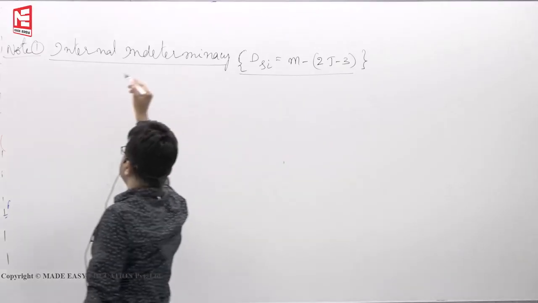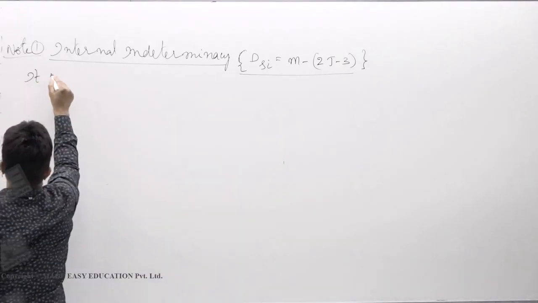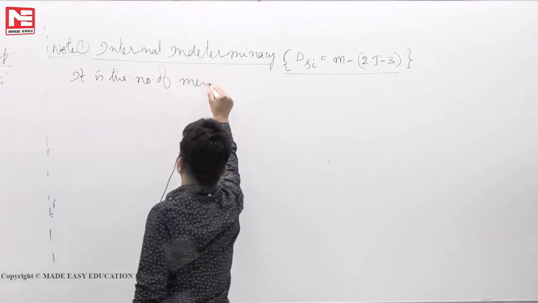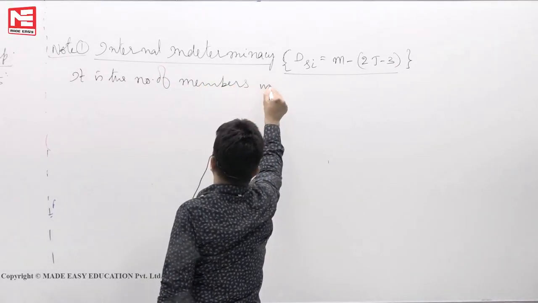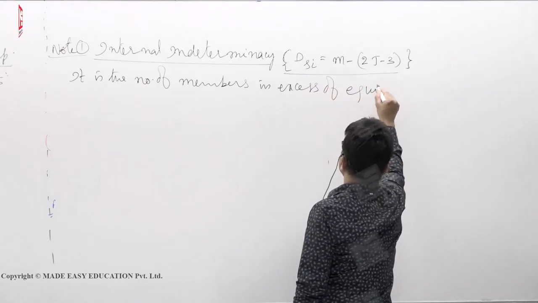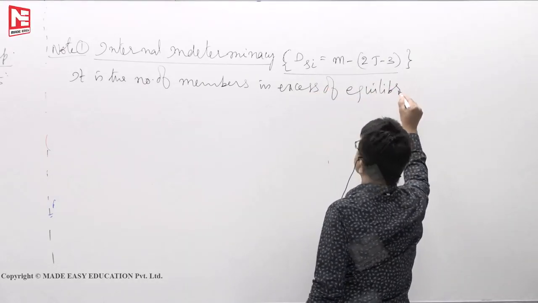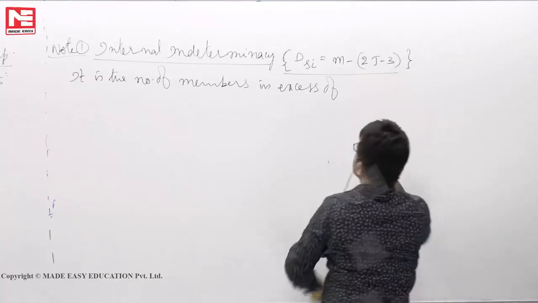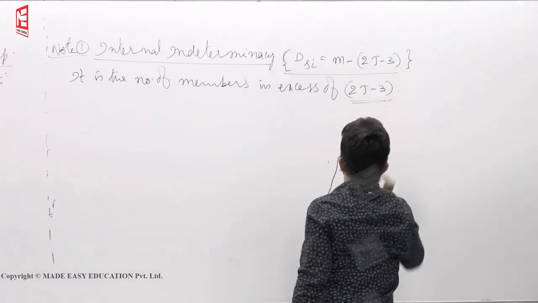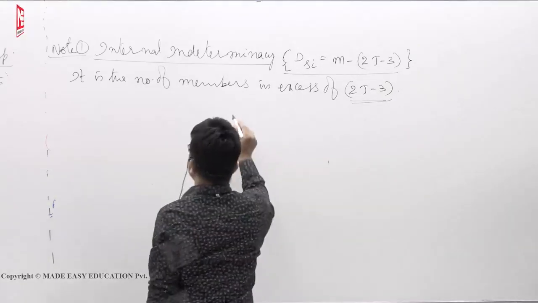So internal indeterminacy means this one. It is the number of members in excess of 2j minus 3. In this case, how many members are there?